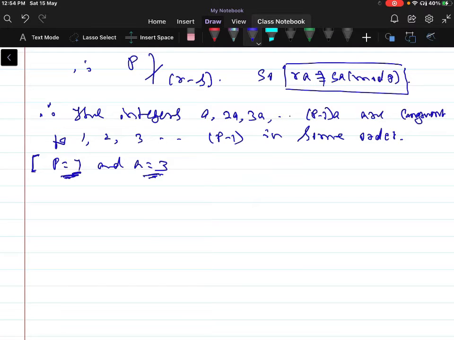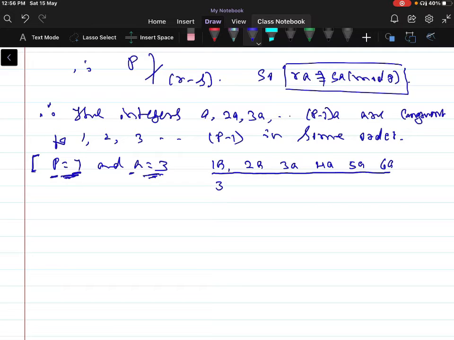So p is equal to 7 and a is equal to 3. Let us consider the first p minus 1 multiples of a, where p is 7 and a is equal to 3. That is 1a, 2a, 3a, 4a, 5a and 6a, where p is 7, so 7 minus 1 is 6.